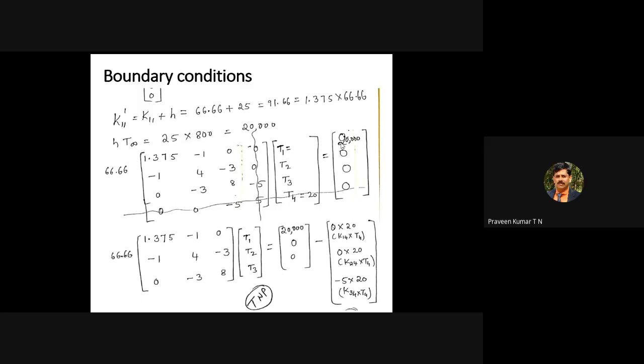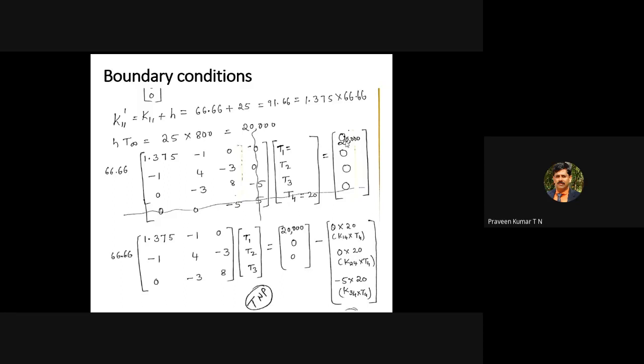Finally, we get 20,000. That's the first part. We have not applied the boundary condition yet; we have just added h to diagonal element 1. Also, you have added h into T infinity to the first row of the force vector, because there is convective heat transfer.